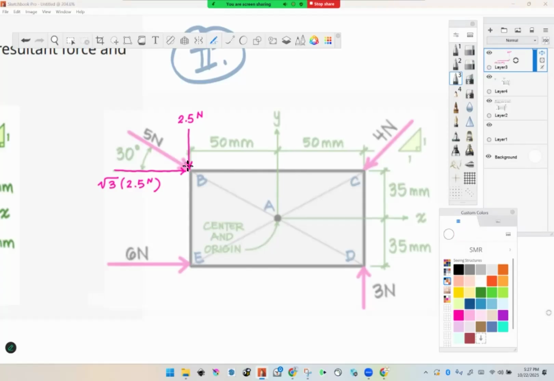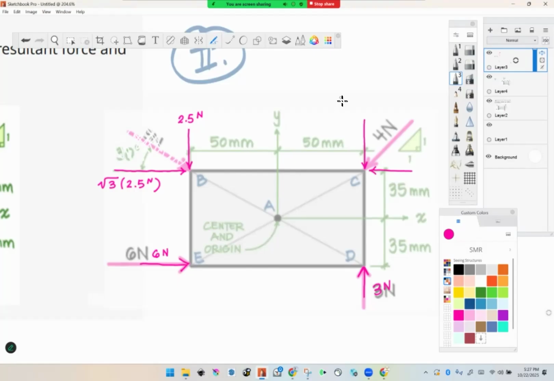Okay, and so what I'm doing is just getting rid of this one at an angle and replacing it with its components. This one I like just fine, so I'll keep this one as 6 newtons. This one's fine with me. I'm going to keep this one as 3 newtons. The one up top, I'm going to break it into its two components, this one and this one.